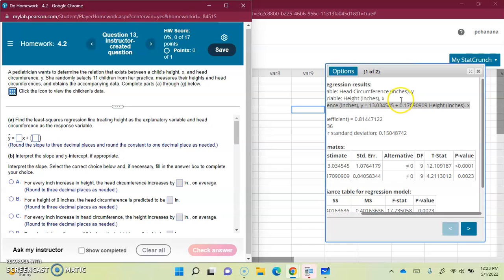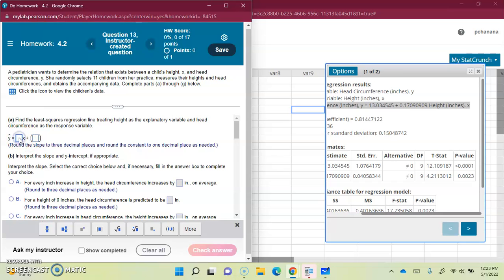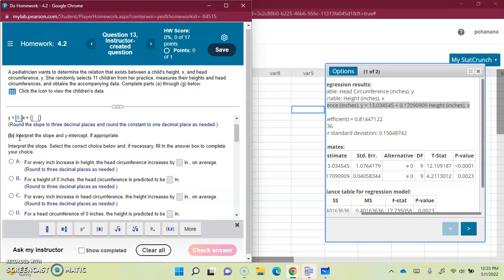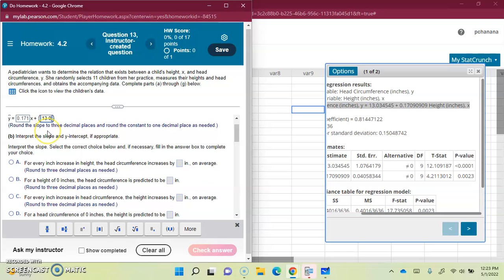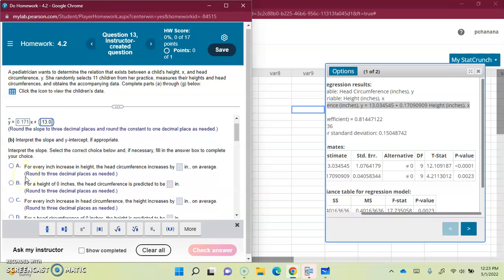X's coefficient is 0.1709, and they're asking to round the slope to 3 decimal places. So X's coefficient is 0.171. And the constant term, they're asking in 1 decimal place, 13.0. So that is your regression equation.